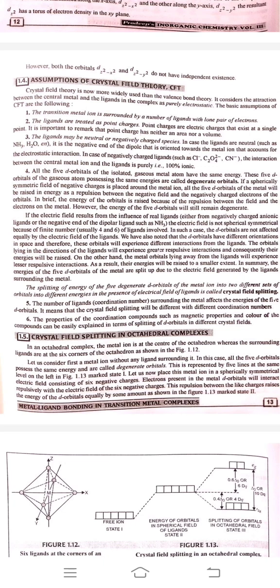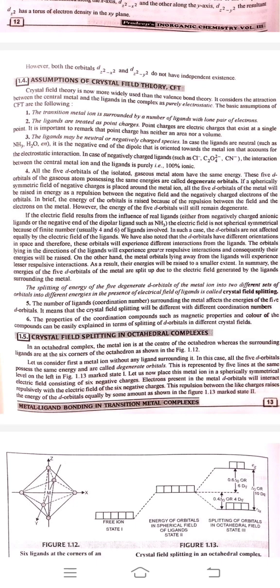The orbitals lying in the direction of ligands will experience greater repulsive interaction, and consequently their energies will be raised. On the other hand, the orbitals lying away from the ligands will experience lesser repulsive interactions. As a result, their energy will be raised to a smaller extent.